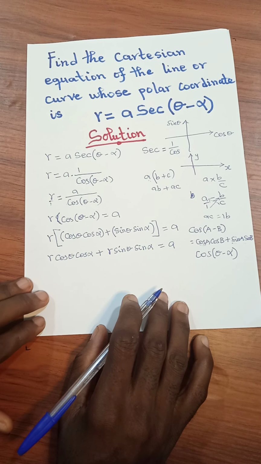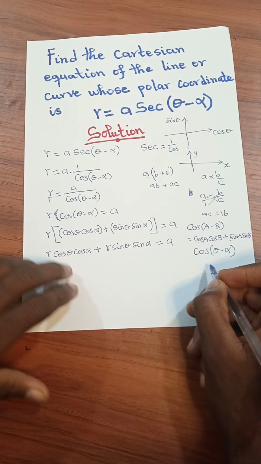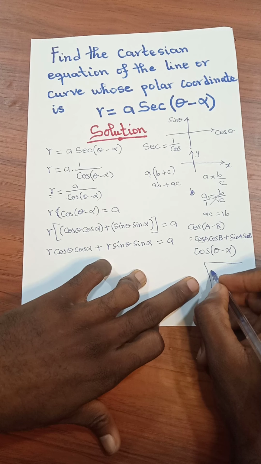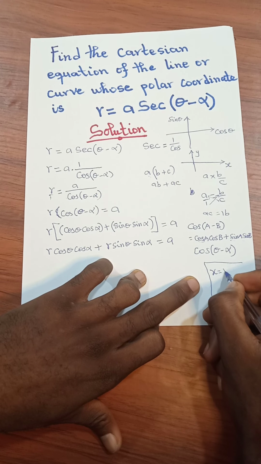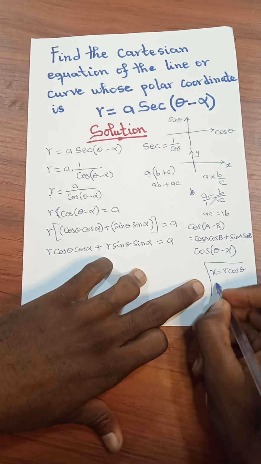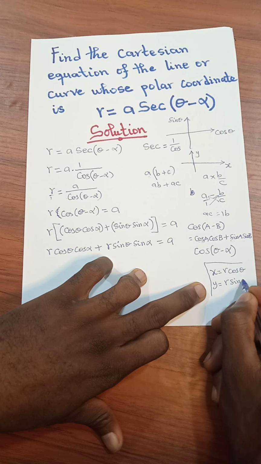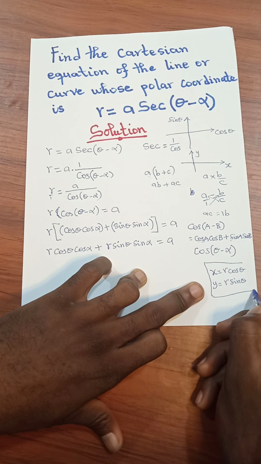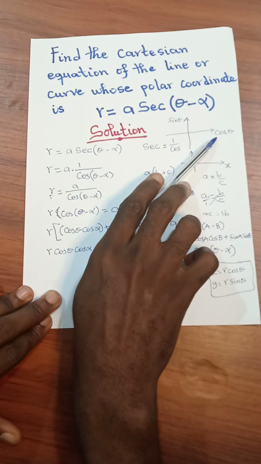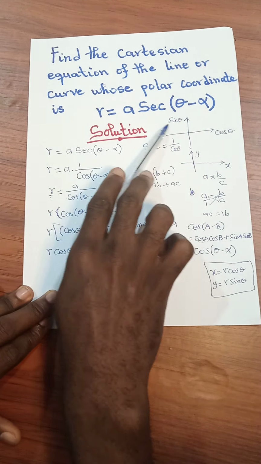But let's remember, in complex numbers, these are two givens we must know off head. We know that x is equal to r cos theta, and y is equal to r sine theta. So x is in the cos form and y is in the sine form.